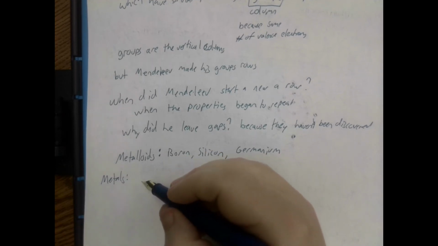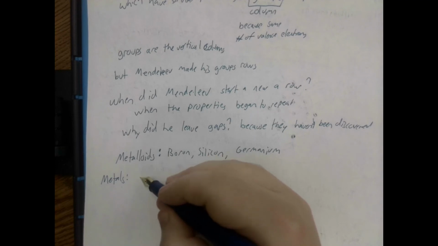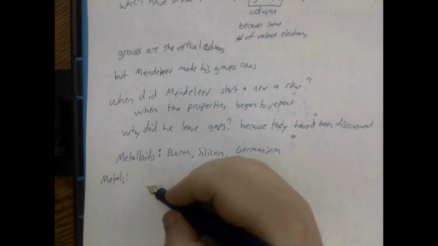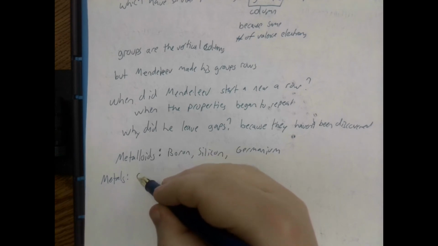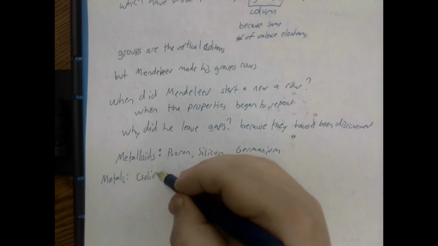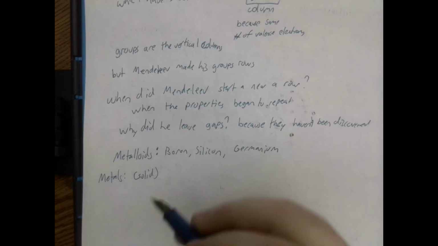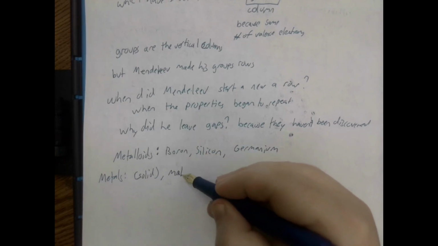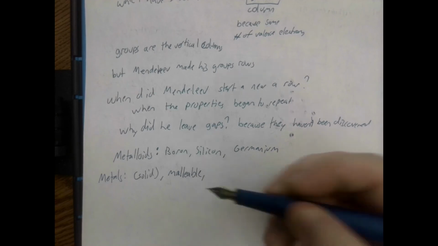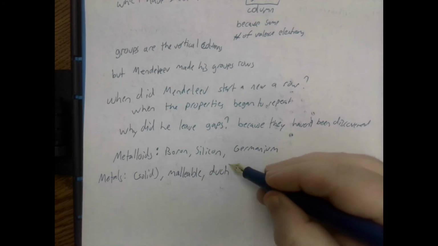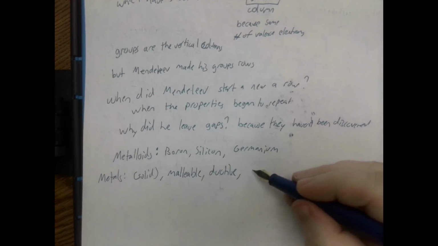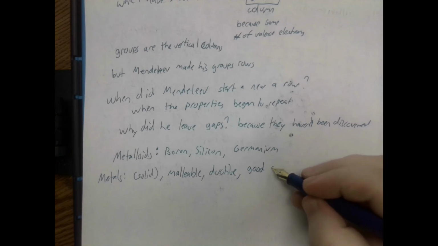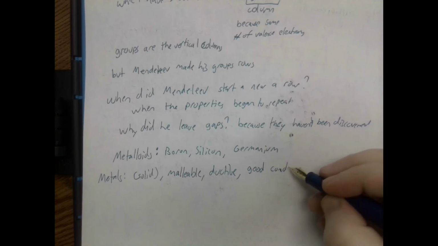What are properties of metals? Solid is a questionable property, but they are solid. Malleable, so they're malleable. They're ductile. What else? They're good conductors of both heat and electricity.